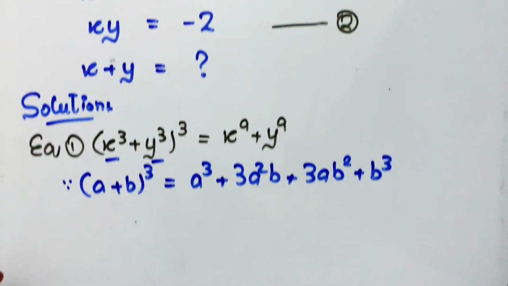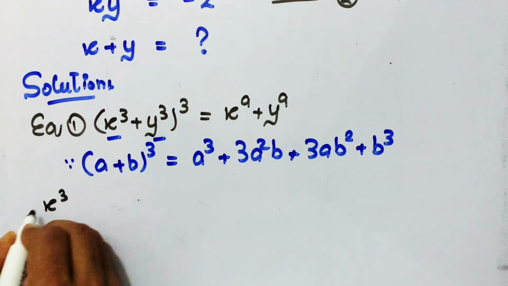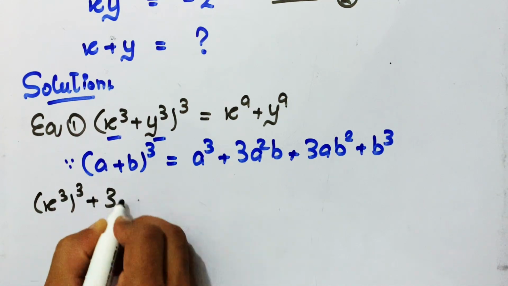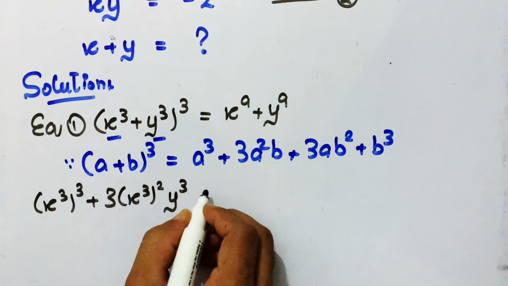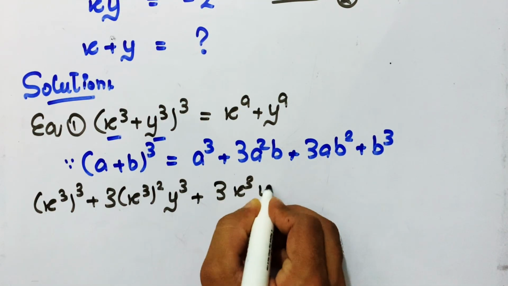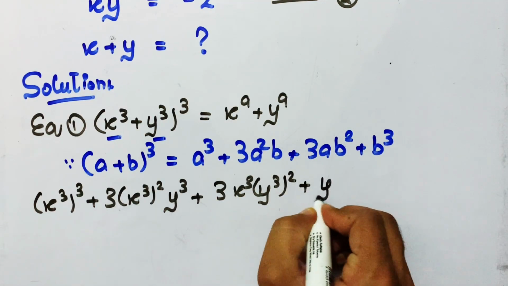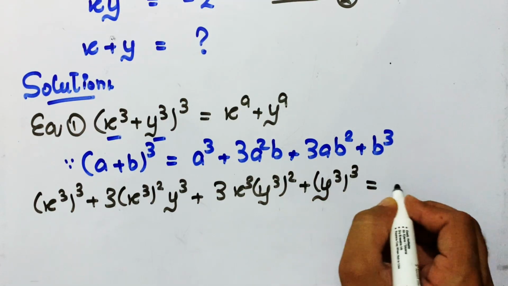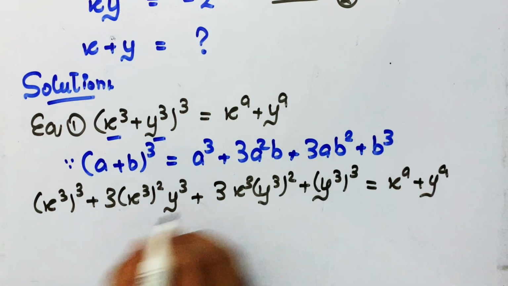So the given equation is (x cube) whole cube plus 3 into (x cube) whole square y cube plus 3 x cube (y cube) whole square plus (y cube) whole cube equals x power 9 plus y power 9.